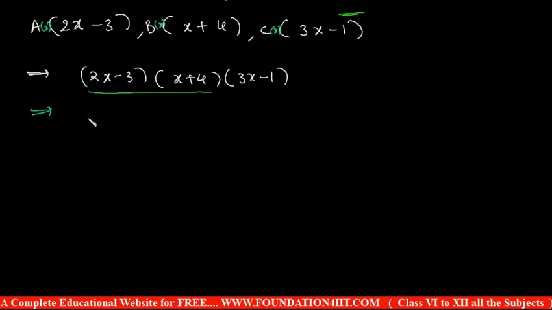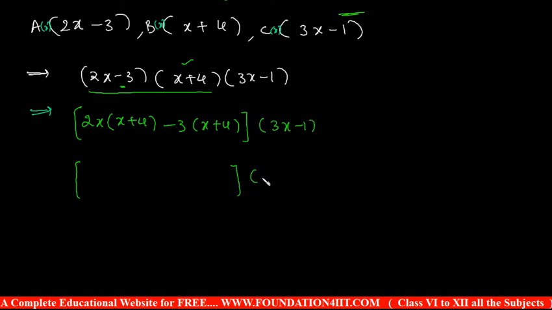With 2x, we multiply the entire second expression, x plus 4. And with the next term, minus 3, again the entire x plus 4. Whatever answer you get, you multiply with the third one, 3x minus 1, as it is. 2x into x is 2x square, and 2x into 4 is 8x.